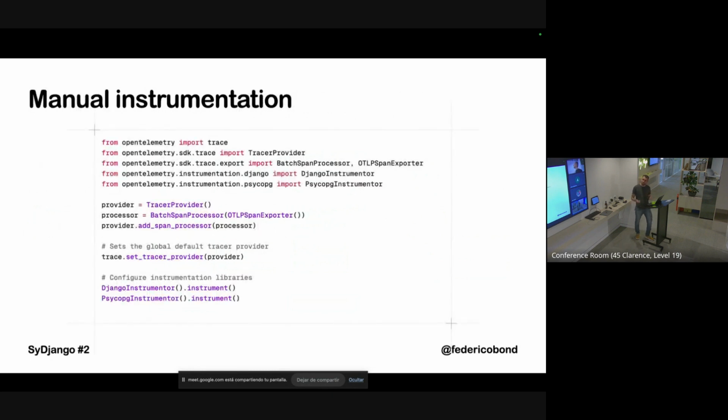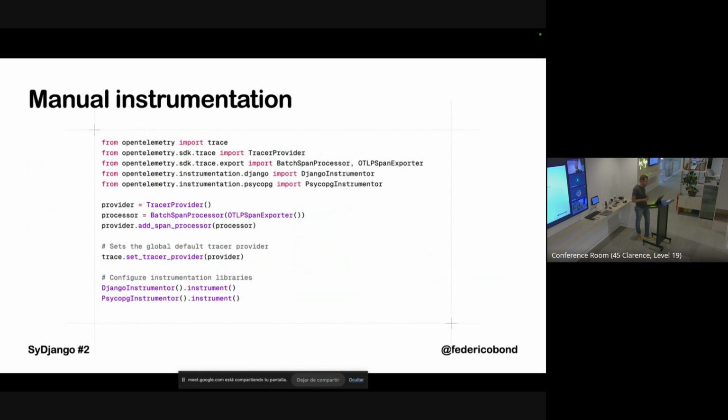So a manual instrumentation of a Django project looks pretty much like this. You have to take care a little bit if you're using a server like Unicorn. You have to reattach some of the stuff shown here. But I'm just showing this so you know it's not hard at all. It's just a couple of lines.